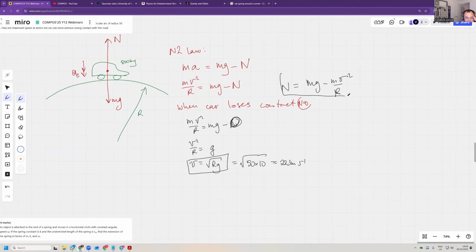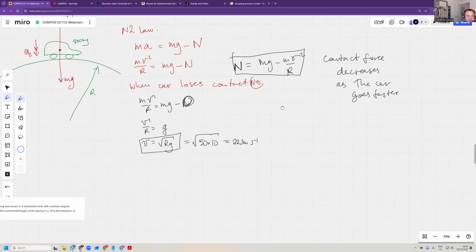So you can see that the faster you go, the smaller the contact force. The contact force decreases as the car goes faster. You can see that from the equation: if v increases, then N becomes smaller. So at some point, N becomes 0.